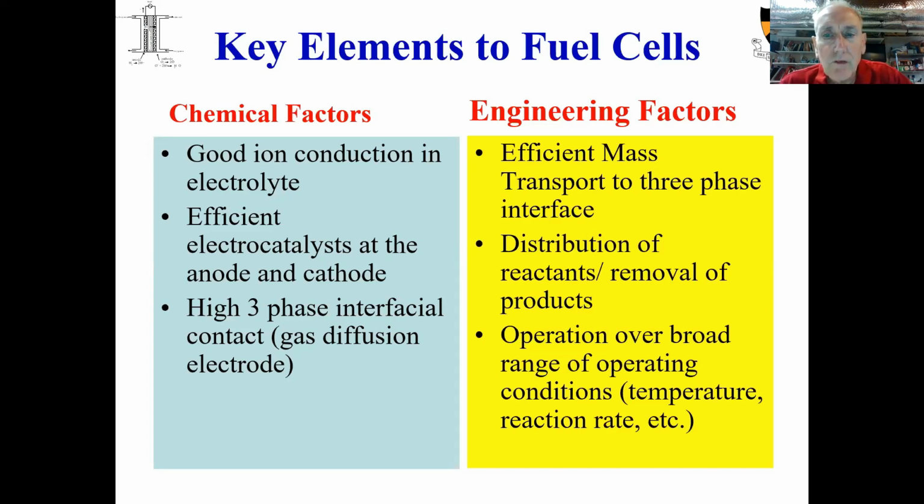And so what we're looking for is ways to get more efficient mass transport, better ways to distribute the reactants and remove products, and how to operate the fuel cell over a broad range of operating conditions.